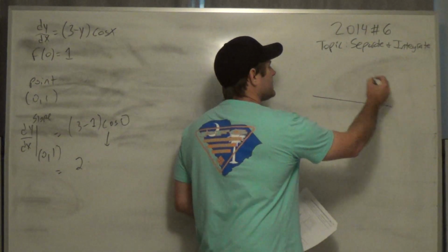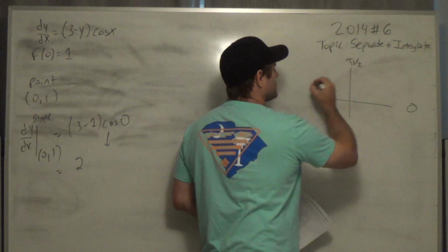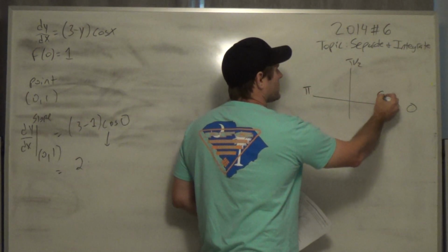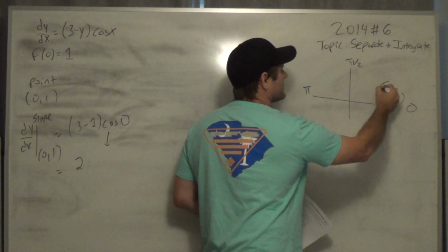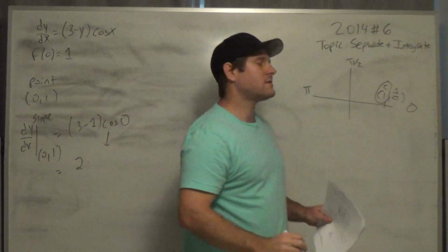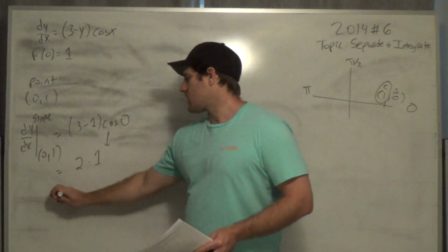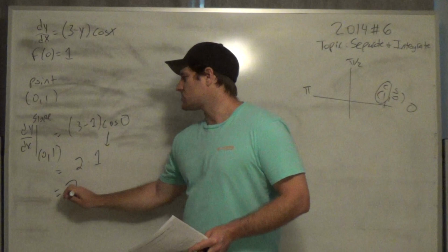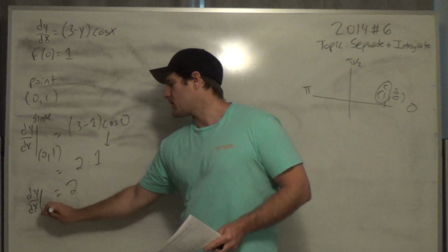And if we go over here at 0, remember we got 0, we got pi over 2, we've got pi. This is the ordered pair 1, 0, cosine and sine, and here we want to know what is cosine of 0. Cosine of 0 is simply 1. So if we put a 1 there, we get 2 times 1, we get a slope of 2. So the slope at the ordered pair 0, 1 is 2.